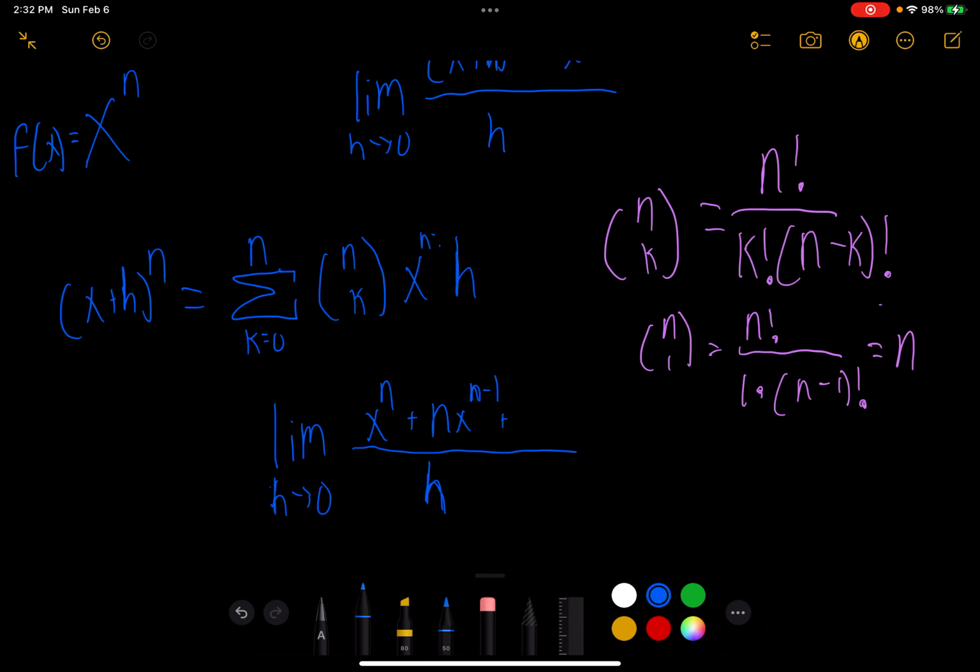But past this point, let's just solve it to the second term, actually a little bit longer, so plus n choose 2 times x to the n minus 2 times h squared.